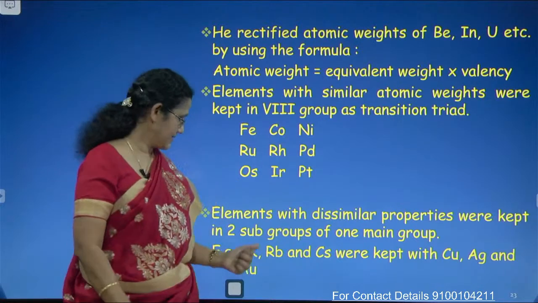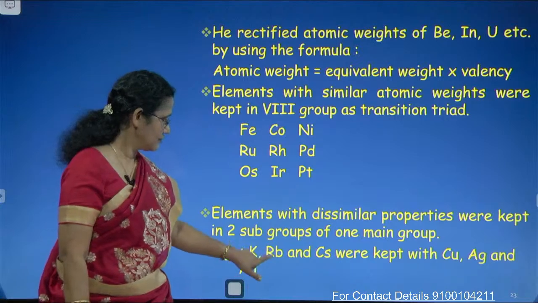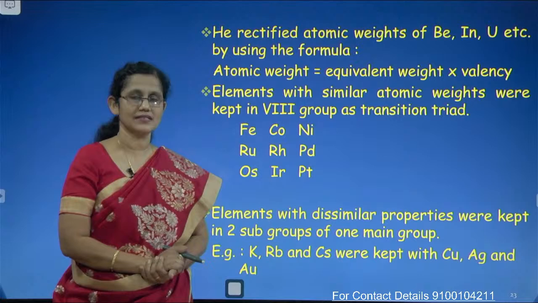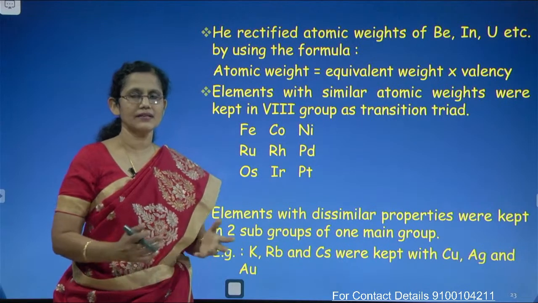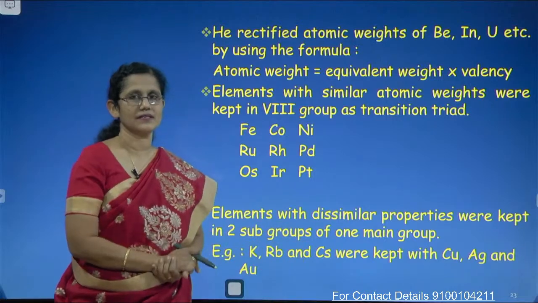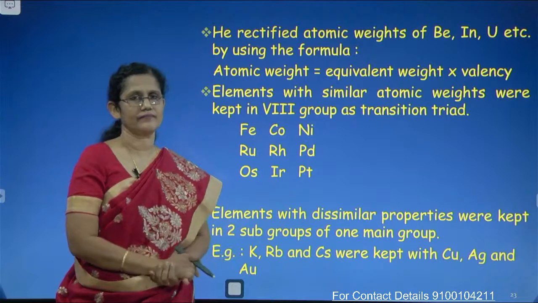For example, in the first group, potassium, rubidium, cesium were placed with copper, silver, gold. Similarly, calcium, strontium, barium, second group elements, were placed with zinc, cadmium, mercury.